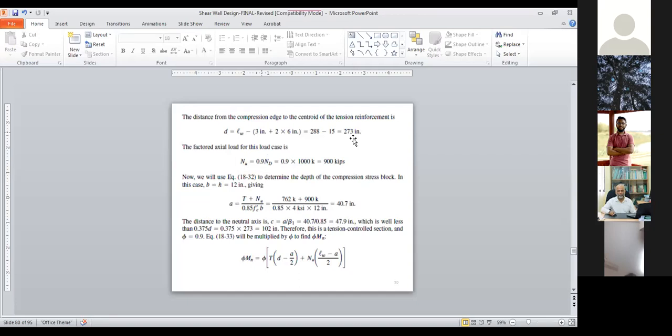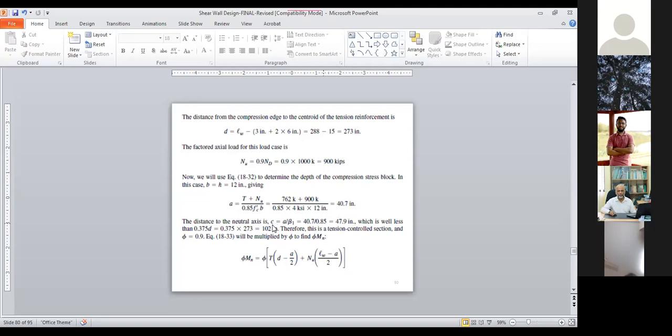So I think you can easily get it, and this D becomes 273. The factored axial load for this load case is 0.9 D and then you have the reduced dead load 900 kips. Then what is your value of the A? You can easily calculate.